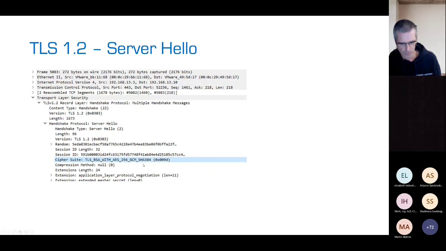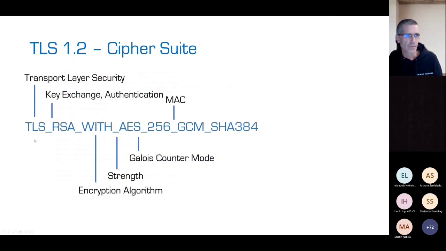What does this mean? This means that we are using TLS, meaning transport layer security. The second parameter is RSA, which means that RSA is used for both key exchange and authentication. Then together they are using AES encryption with 256 bits, and the mode that they use is the Galois counter mode. You have other modes as well.